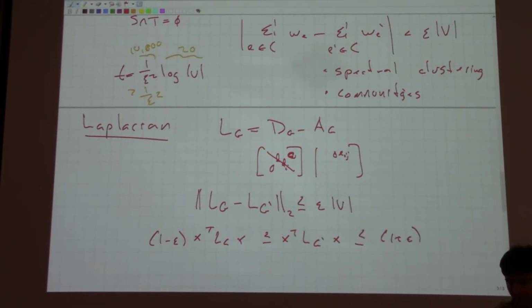So you can supposedly get these relative error bounds on the Laplacians of these matrices.